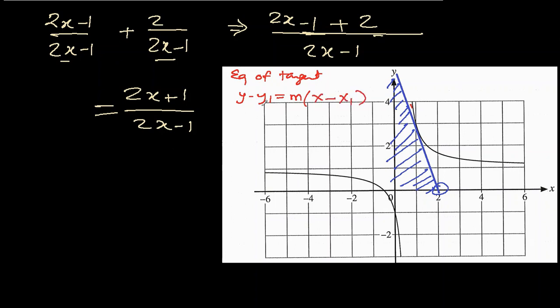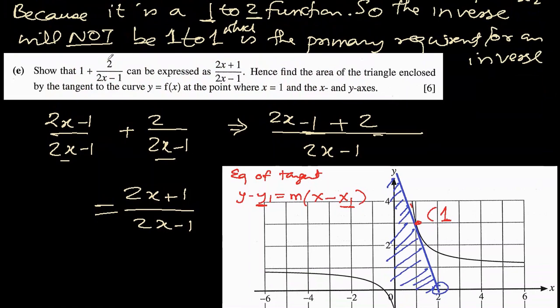All right. So y1 is not known to us, but x1 is known to us. The x coordinate is known to us for this point. What is the y coordinate? Let's use the formula. This is the formula for f(x), right? This is this one, 2x plus 1 over 2x minus 1.